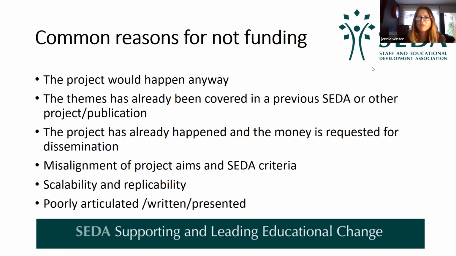And there's lots of things around this. The project would have happened anyway, whether we funded it or not. It has already happened, so it's already happened and we've published it.